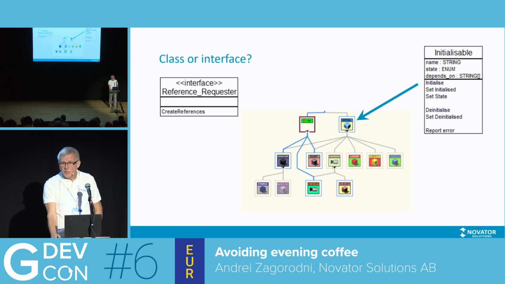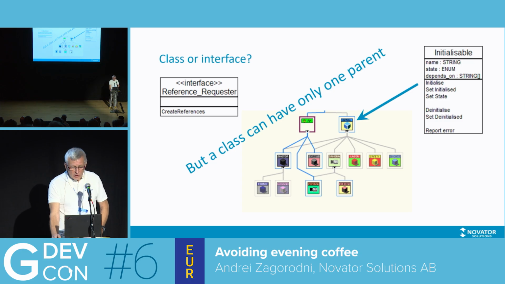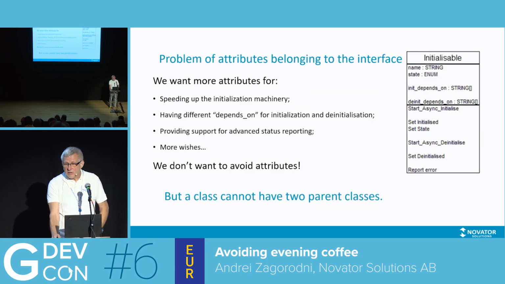Now, our initializable class. What to do about it? We like to have a class, but a subclass can have only one parent. But we like having attributes. Moving all these attributes to subclasses would be crazy redundancy and crazy work in all subclasses.